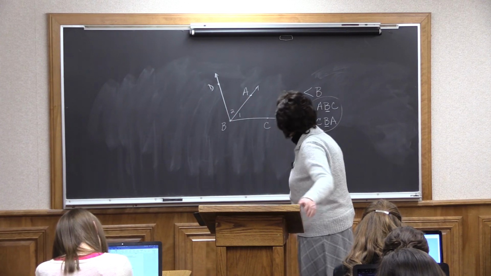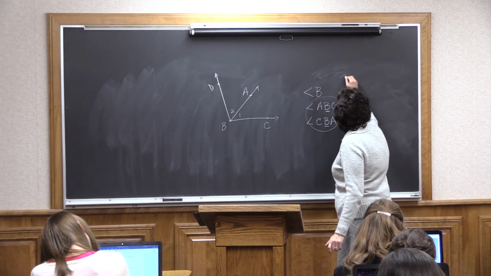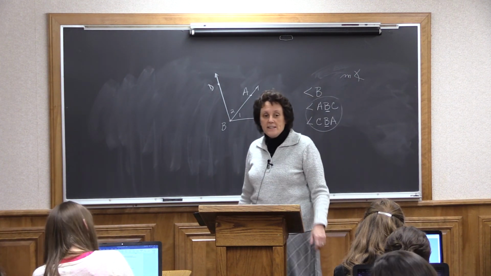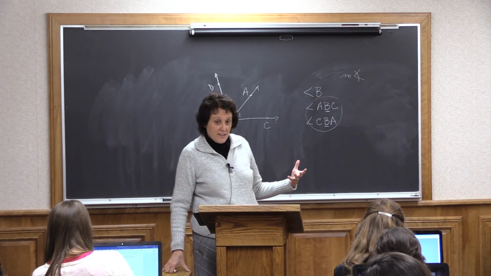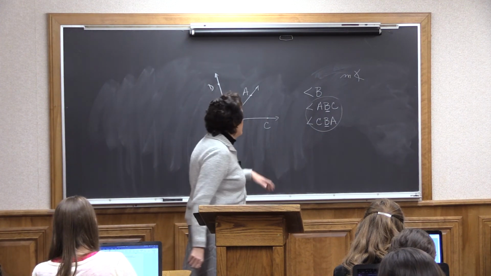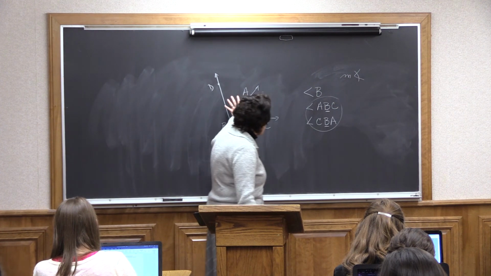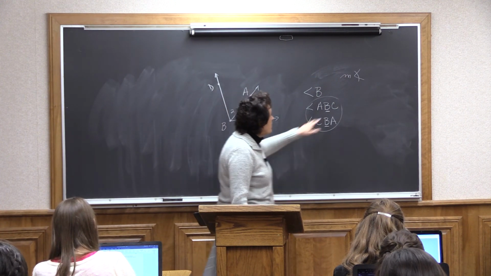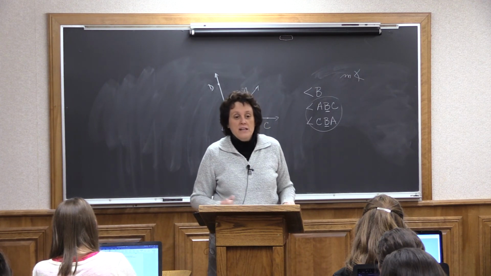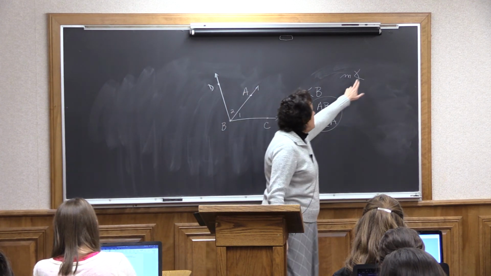Also, some textbooks use this, and that has the idea of the measure of the angle. Okay? So you might see these referring to the diagram, to the angle itself. We'll put a little M in front of it, maybe a little slash through it, that denotes how big is this angle?